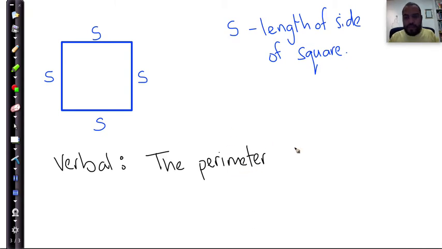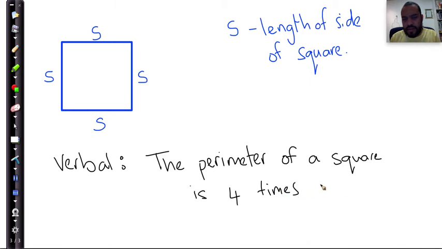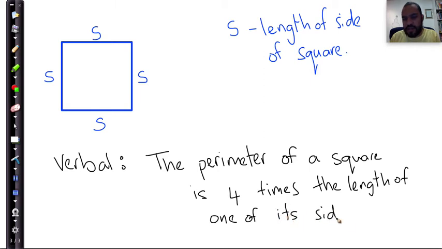The perimeter of a square is 4 times the length of one of its sides. Now all the sides are the same, right? So you can write down: the perimeter of a square is 4 times the length of one of its sides. That's the verbal representation of this particular square.